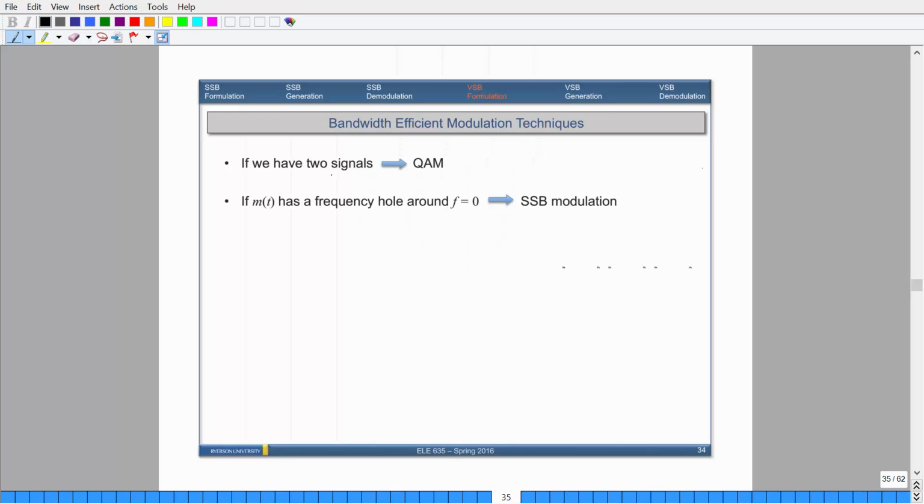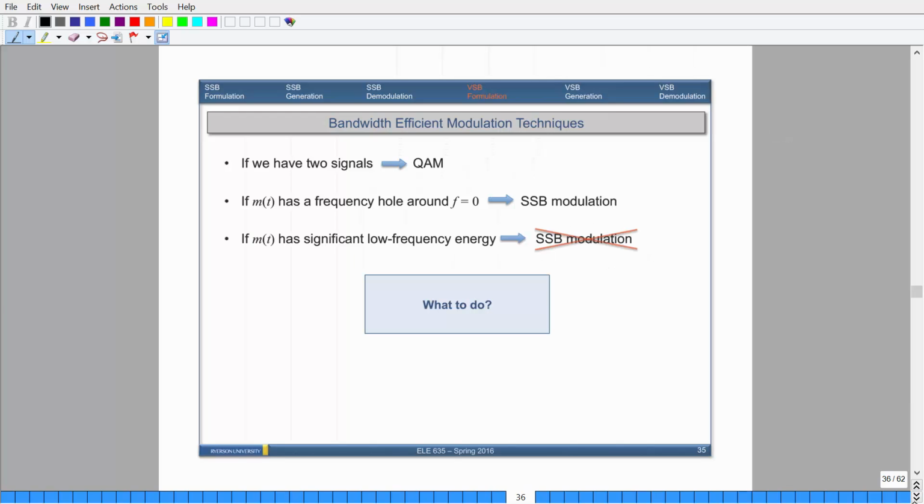If m(t) has a frequency hole around f equals 0, then you can use single sideband modulation. This is using the selective filtering method. We're talking about all of the methods that we've seen so far for generating amplitude modulated signals. If your message, however, has significant low frequency energy, so that your spectrum looks like this, with no frequency hole, what exactly do you do?